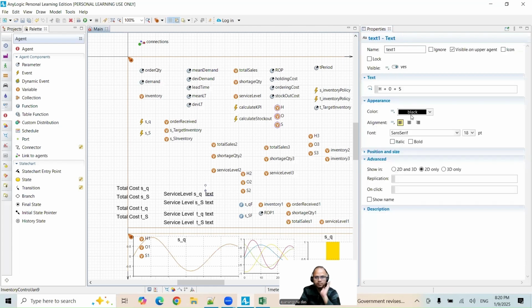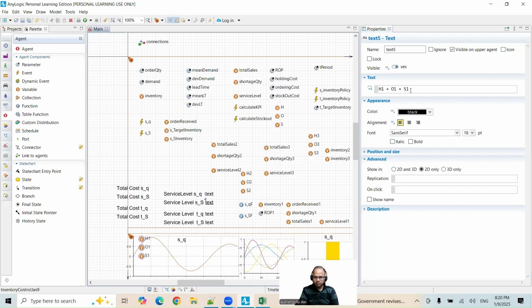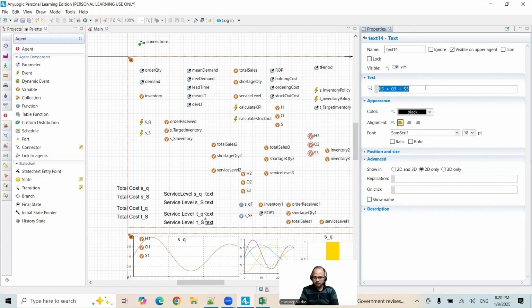Okay. The service level over here will say service level. This is service level 1. Yes, service level 2. Service level 3.